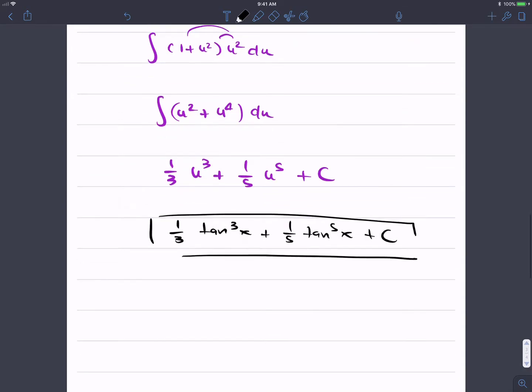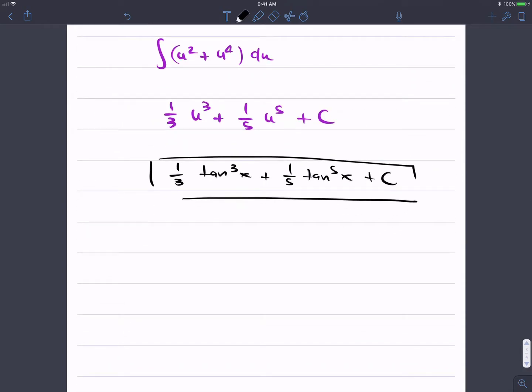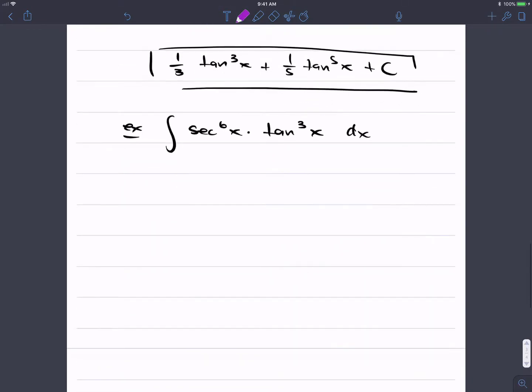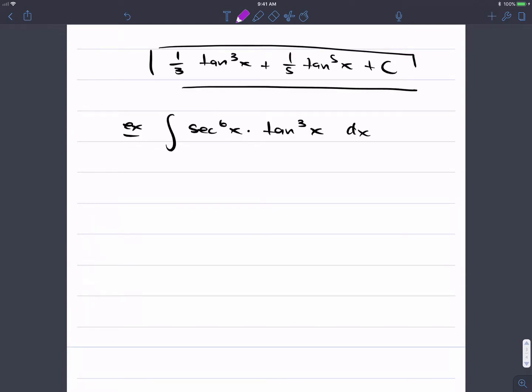Let's try this here. Let's try secant to the 6th power x times maybe tangent cubed x dx. Now, I'm going to summarize this procedure. You're going to let u be tangent.